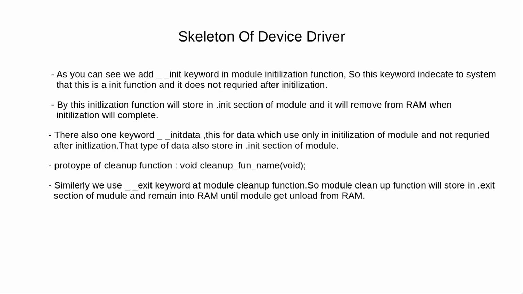You can also see that we have mentioned the __init keyword before the initialization function. It indicates that the build system will add the initialization function into the init section of the module, so that after initialization, that function will be removed from the RAM, because it is not required for further use, and RAM can be saved.